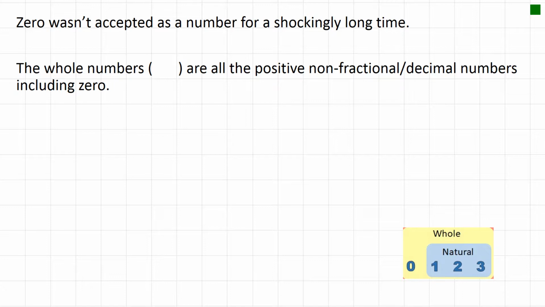It certainly has some special properties, but the next set of numbers that we're going to talk about are the whole numbers, which we symbolize with a capital W. These are all the positive, non-fractional, non-decimal numbers that include 0. So the whole numbers, capital W, colon, these are 0, 1, 2, 3, and so on.